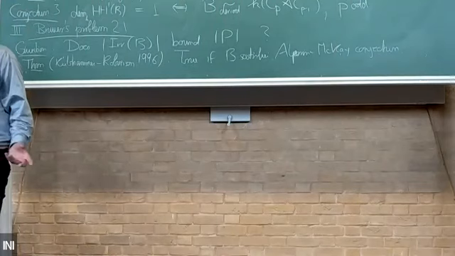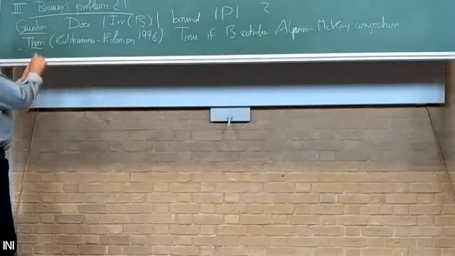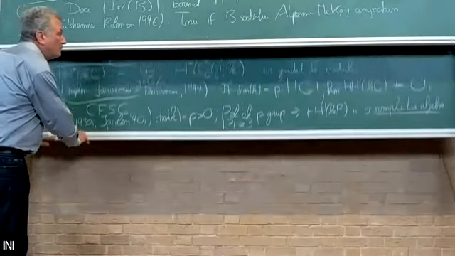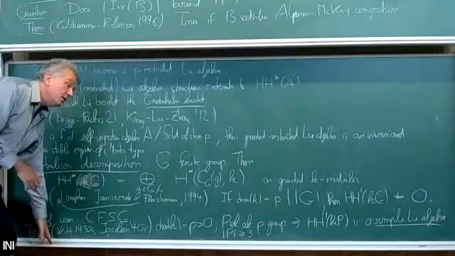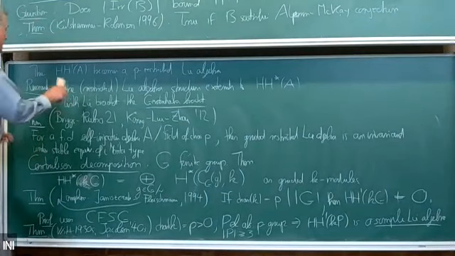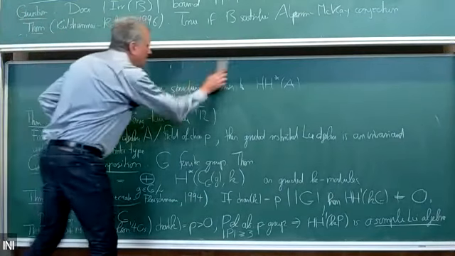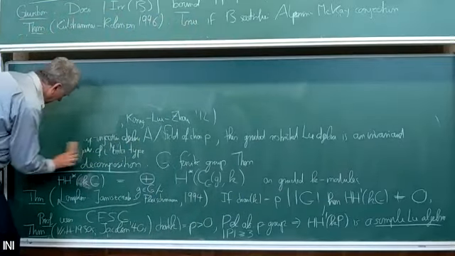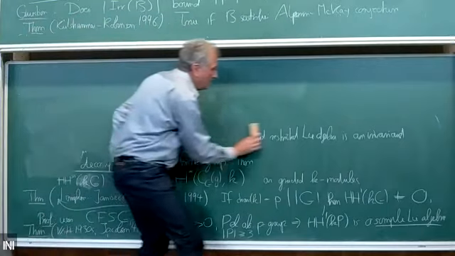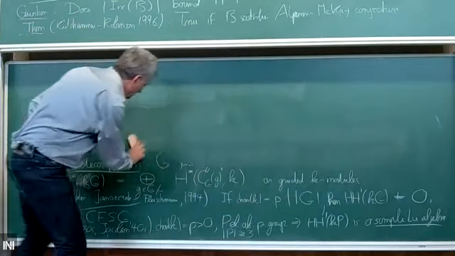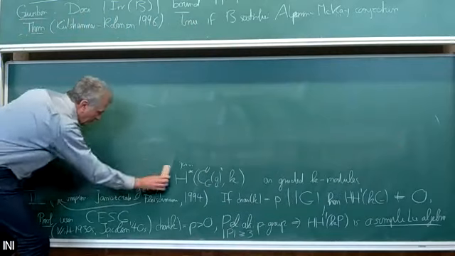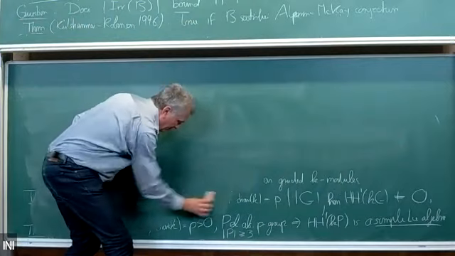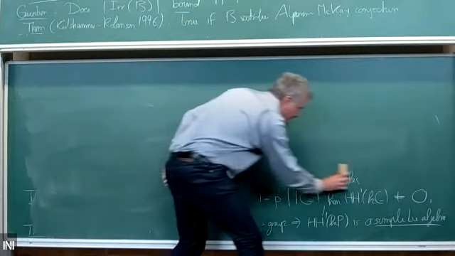Note one thing. The number of irreducible characters in a block is the same as the dimension of the center of the block algebra, and the center is the degree 0 Hochschild cohomology.